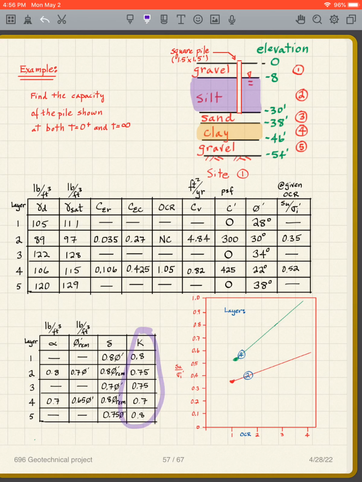This k is meant to be the horizontal stress coefficient that we get after the pile has been installed. So after the pile has been driven or pushed or however it's gotten into place. So for the gravel, it's 0.8. For the silt, it's 0.75.